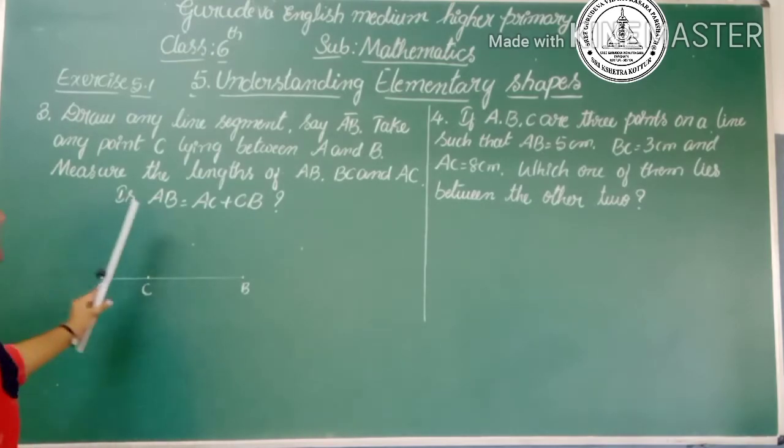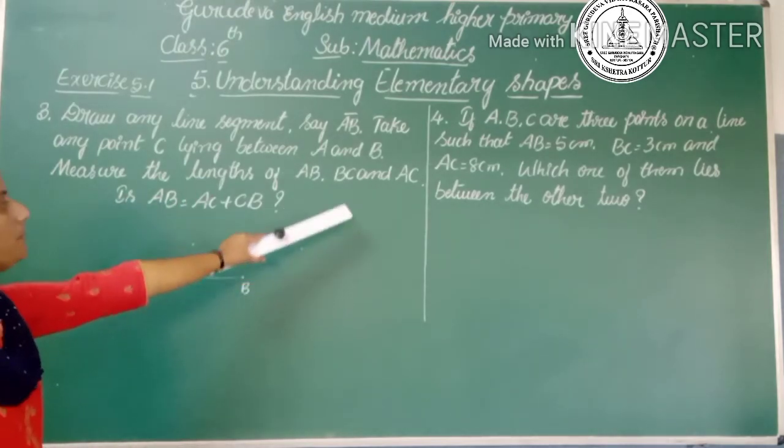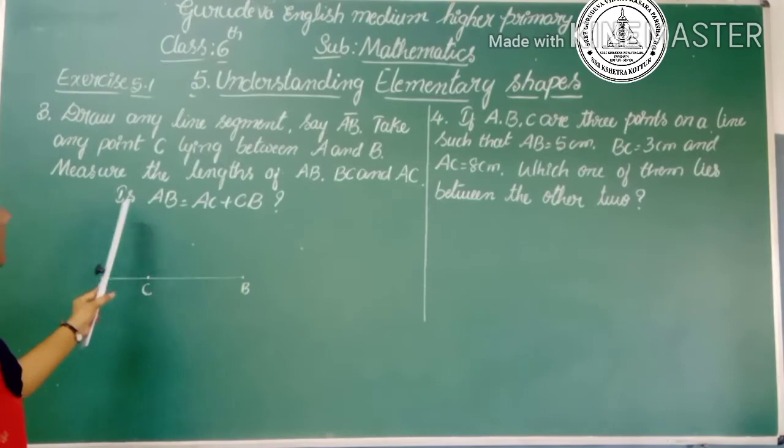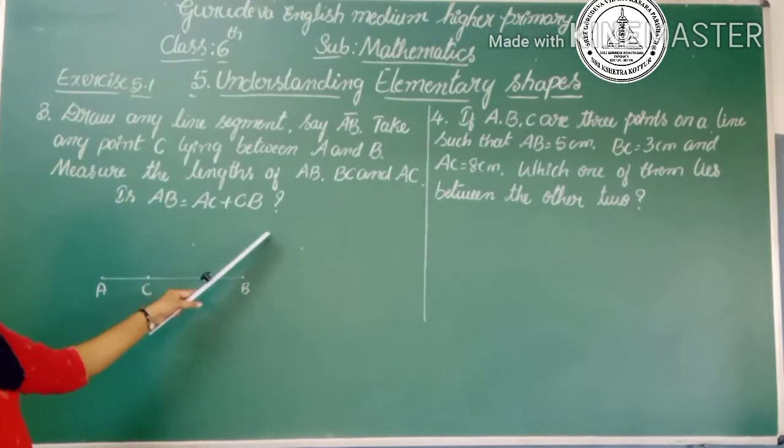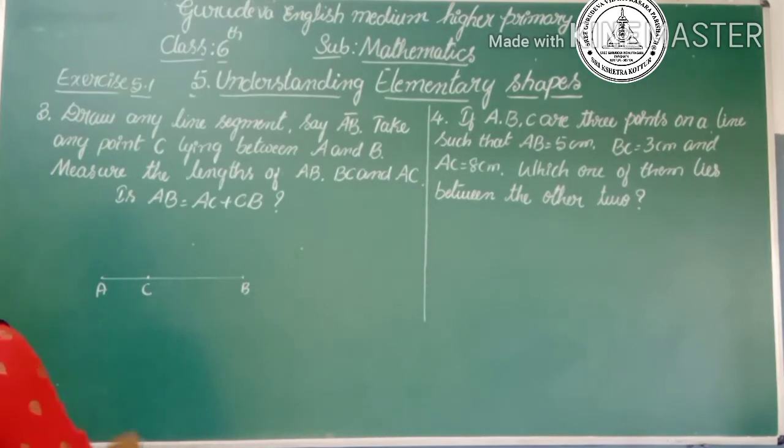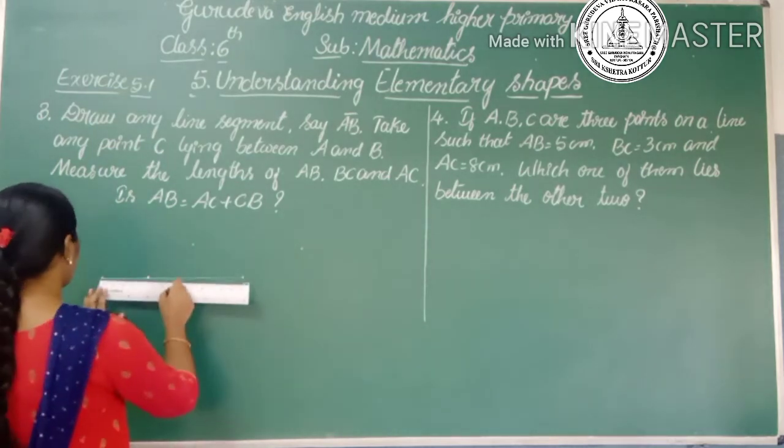Then measure the length of AB, BC, and AC. Is AB equal to AC plus BC? Yes. First measure the length of AB.